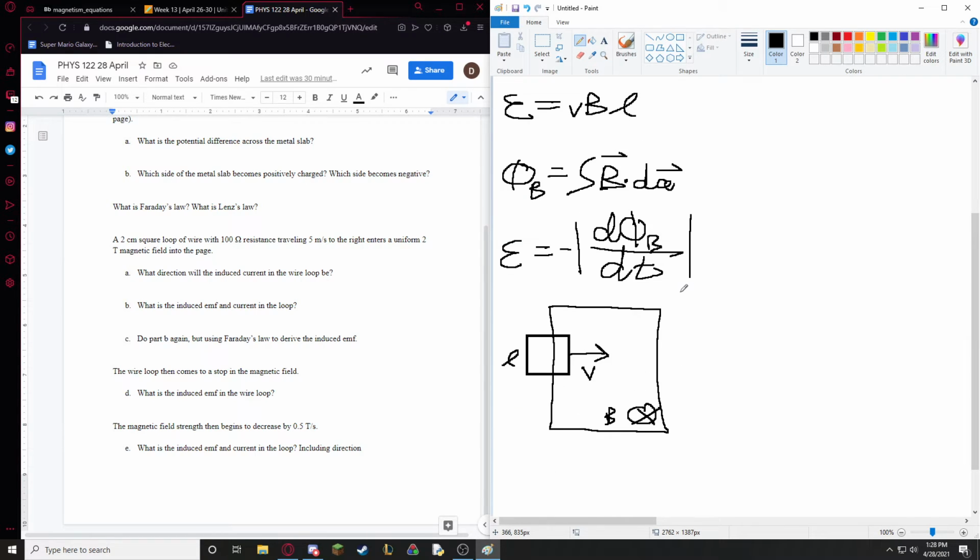Let's take 5 minutes and we'll talk about this. All right. So how would we go ahead and find the direction and then the magnitude of the current in our loop and also our EMF?